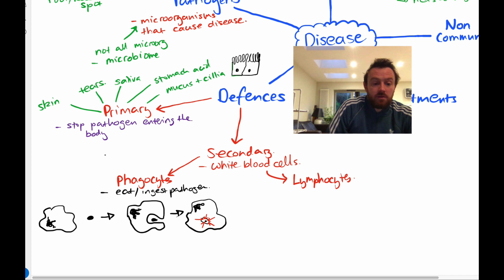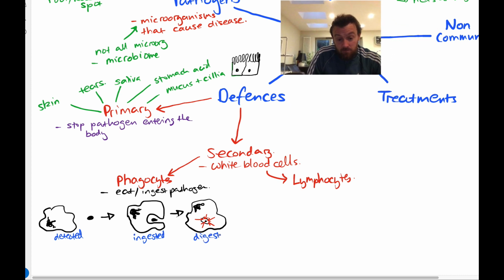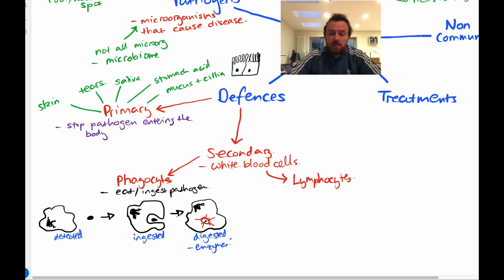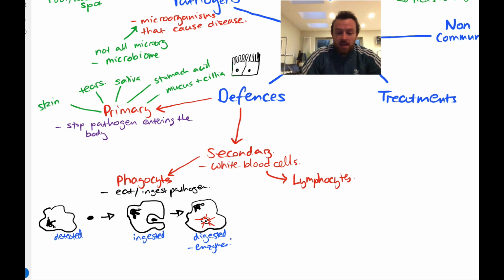So underneath we could say the bacteria is detected, ingested, and digested, with enzymes in brackets. Okay, so that's how phagocytes work. Next thing is lymphocytes.